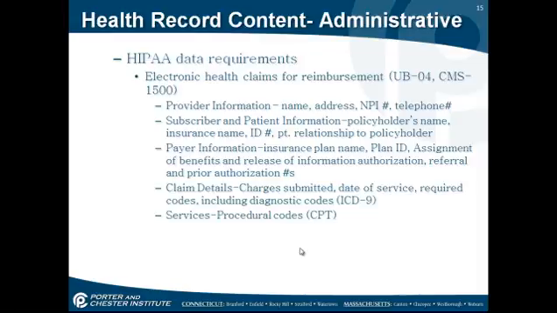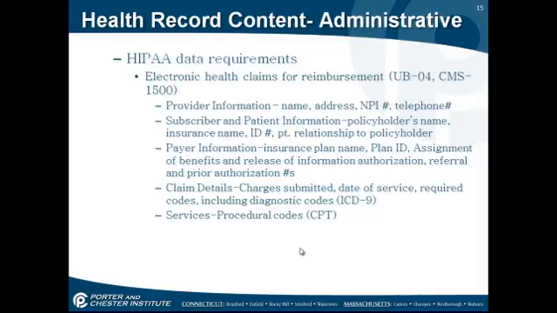We will not be able to share any of the patient's information with an insurance company unless we have a release of information authorization from the patient. These are forms that are filled out when a patient first comes into a practice. We will have in there referral and any prior authorization information.